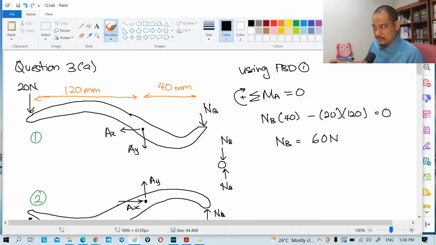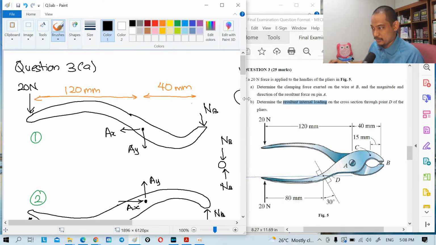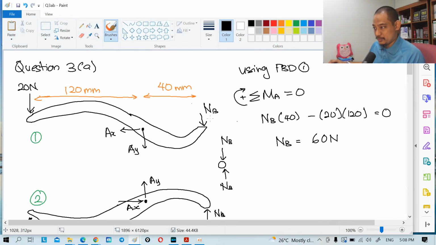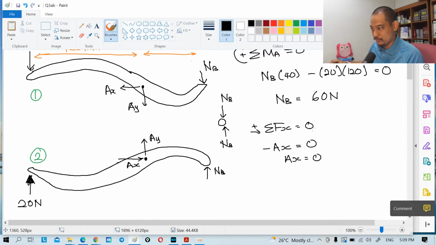Right, and the question actually, we haven't taken note what the question wants. The question says determine the force, which is NB, and the magnitude and direction of resultant at pin A. So meaning that we have to find AX and AY as well. With the same free body diagram, summation of Fx equal to 0, then you have minus AX equal to 0, or AX equal to 0, because there's no other horizontal force.